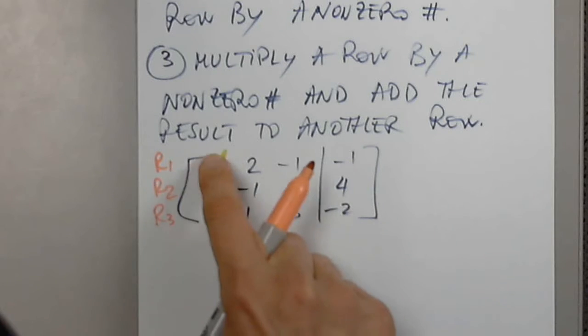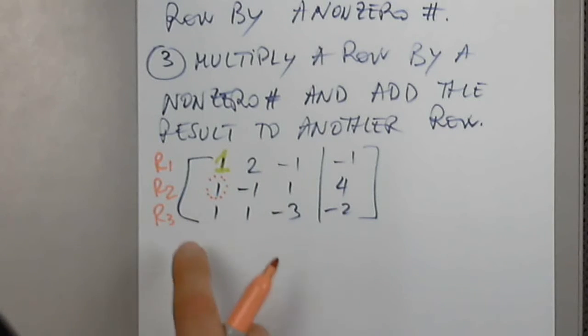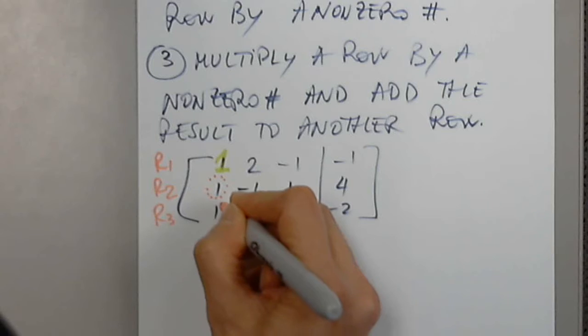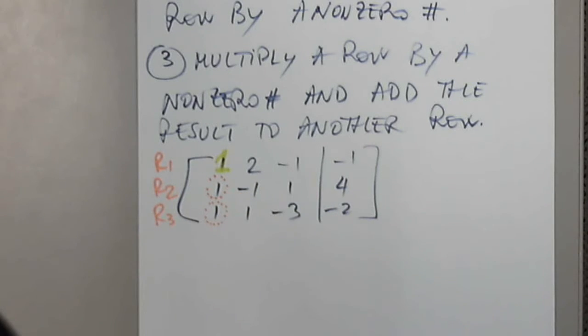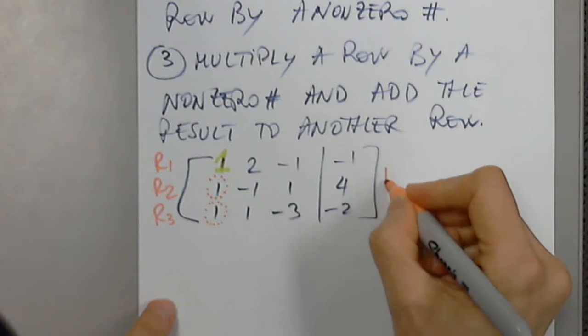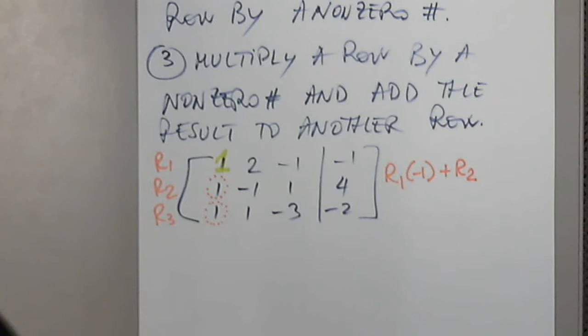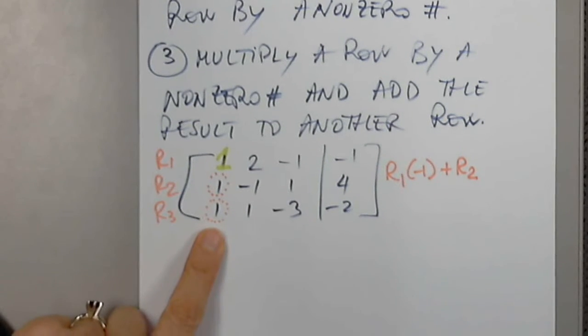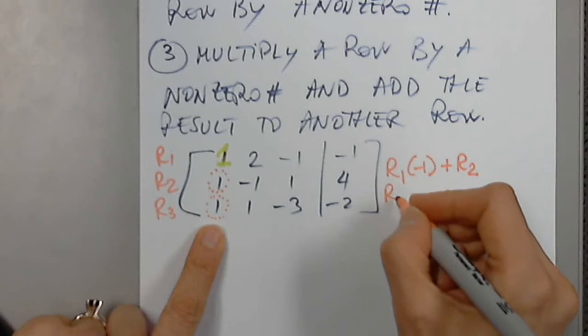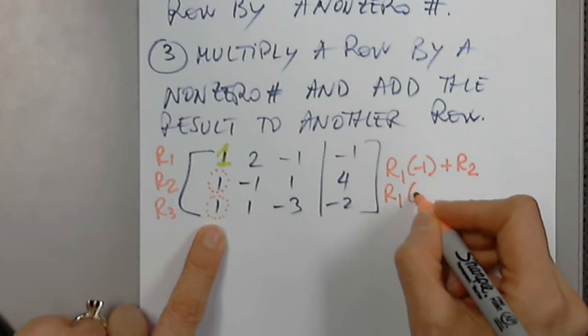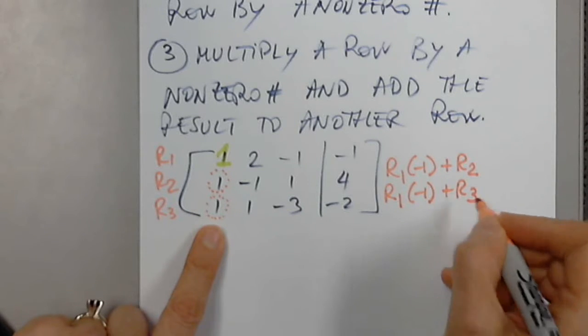And then what do I multiply the first row by to add it to the third row to get a 0 here? What do I multiply the first row by? -1. Exactly. So R1 multiplied by -1 and added to R2. The same thing for R3. Would you agree? That's the second line, right? Yes. So R1 multiplied by -1 plus R3.